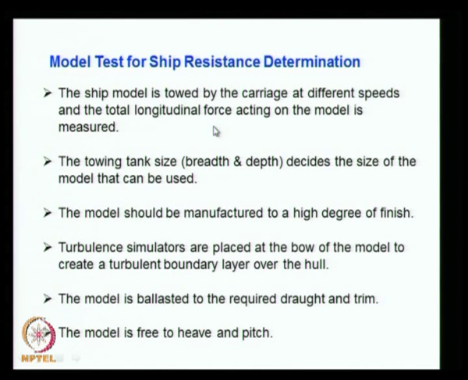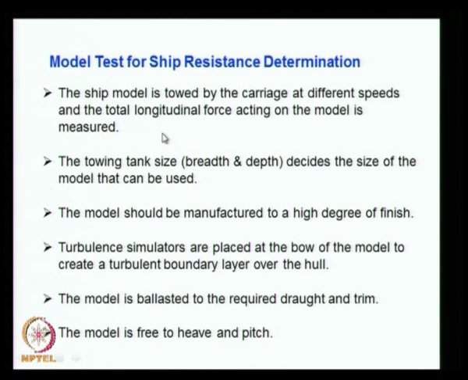Then the model is towed at constant speed and you measure the longitudinal force on the model, or you find out the tension in the rope which is being used for towing the model at that speed.